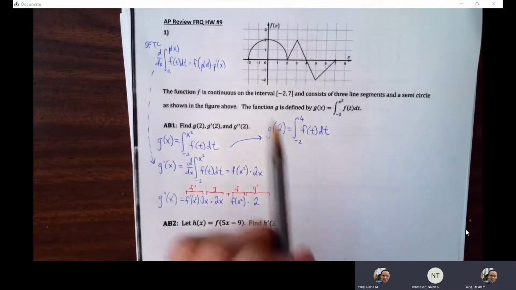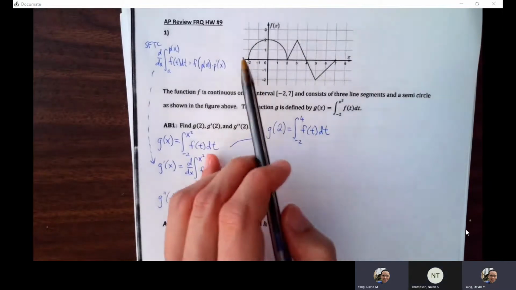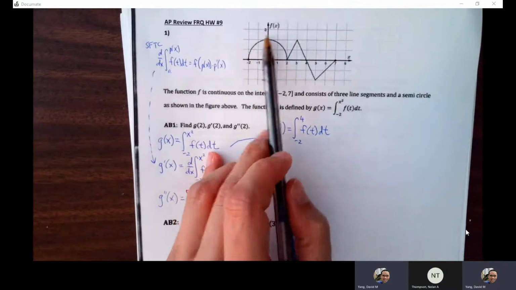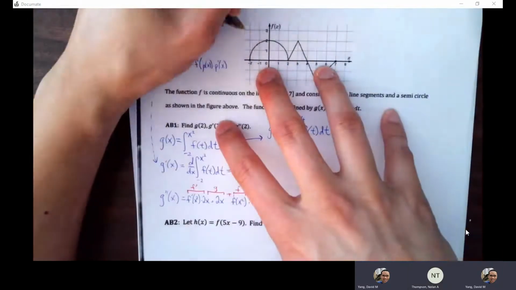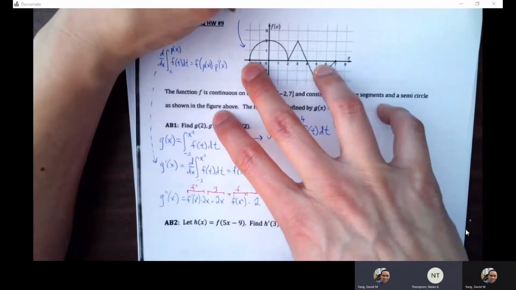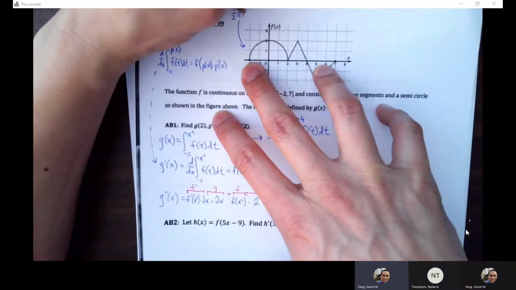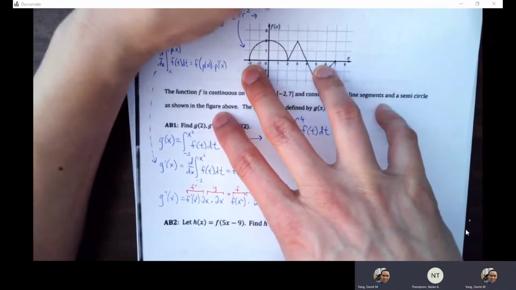So now we just have to total the regions between -2 and 4. So it's going to be a semicircle and a triangle. Semicircle is 1/2 pi r squared.